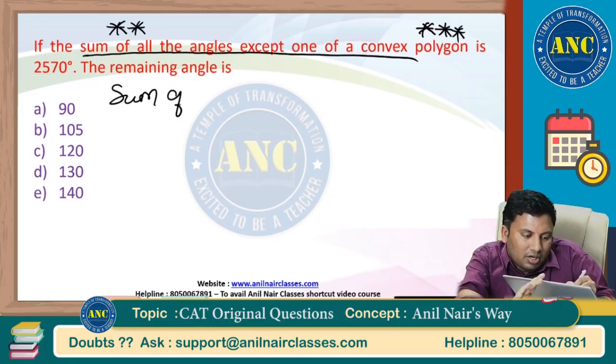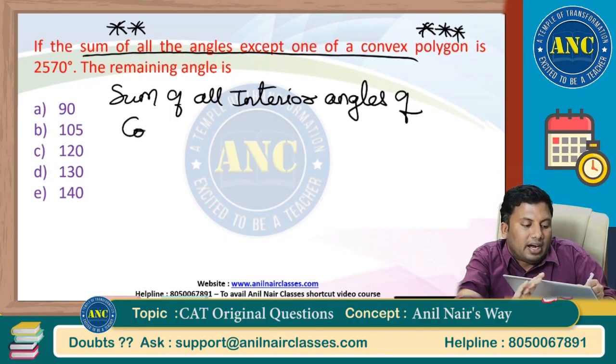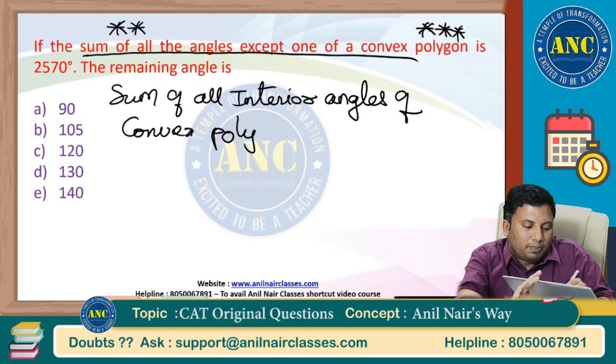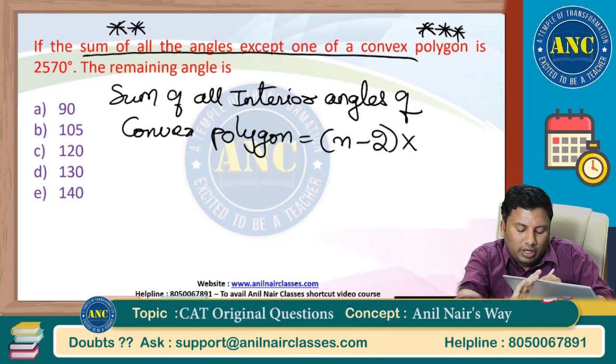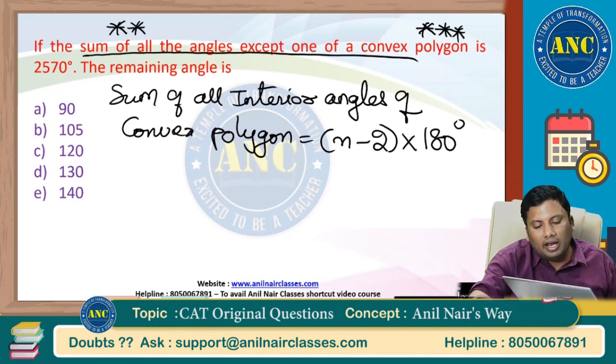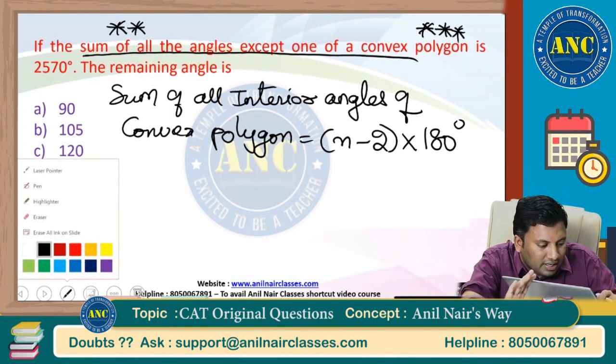First write down: sum of all interior angles of a convex polygon is given by n minus 2 into 180 degrees. First underline this point, sir.